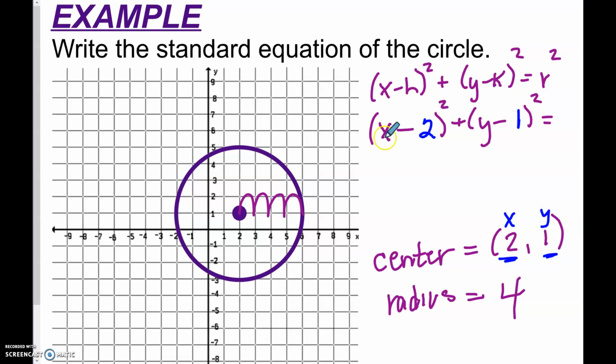Now I know it looks like x minus 2, but remember I'm just filling in that h value, so yes, it looks like minus 2. But it's x minus 2 quantity squared, and my radius is 4, and because they want me to square it, I put in a 16. So here is the standard form for a circle.